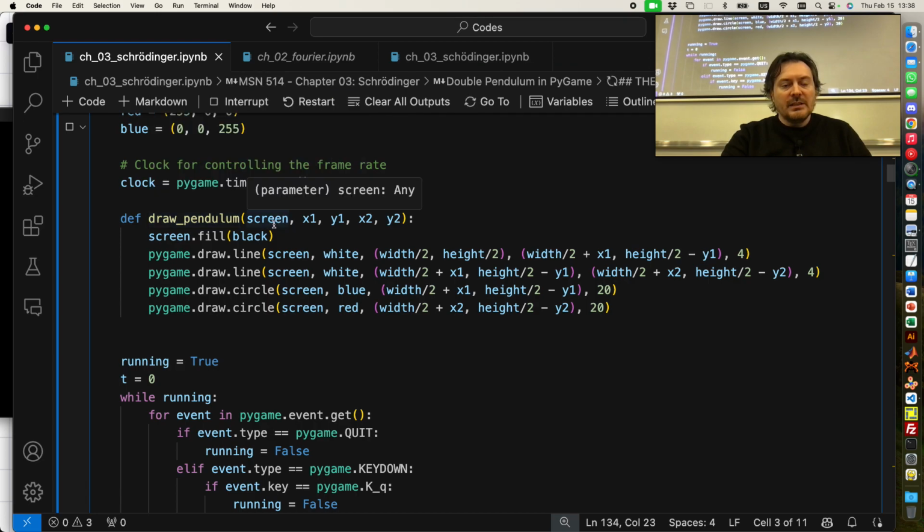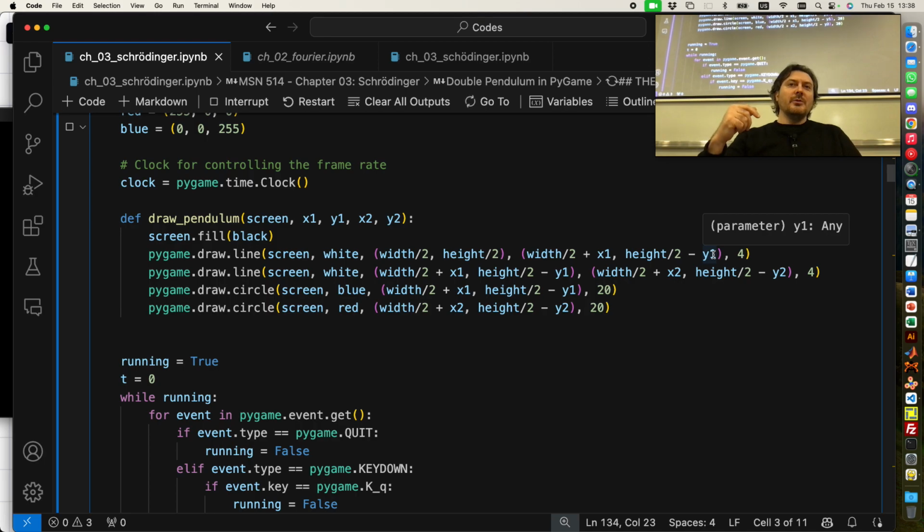So you get the input of screen x1, y1, x2, and y2. And it basically draws some lines that go from the middle of the screen, width divided by 2, height divided by 2. Are you following? Yes? To middle plus x1, middle minus y1.